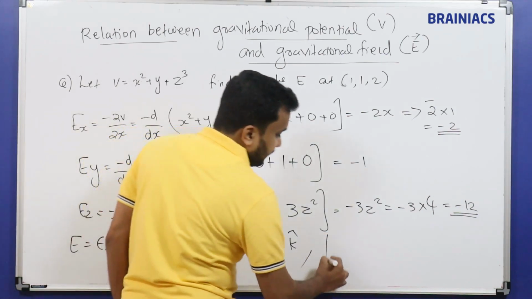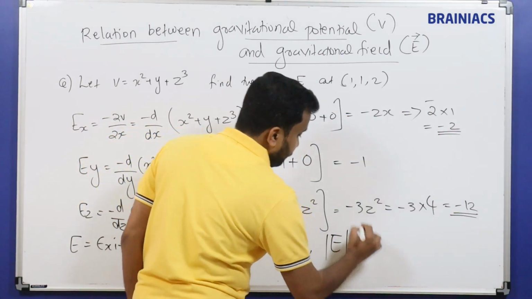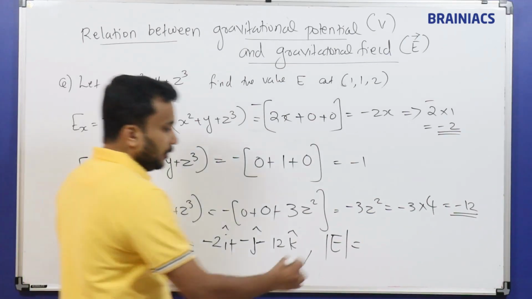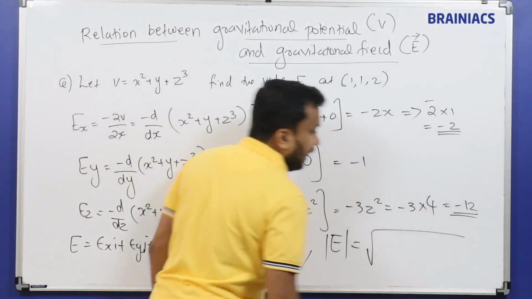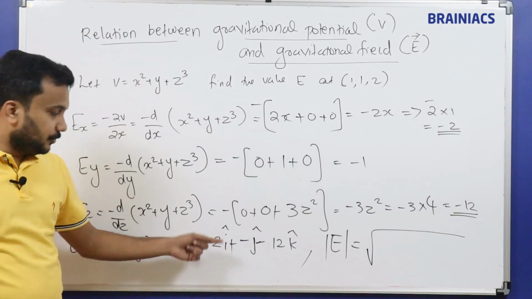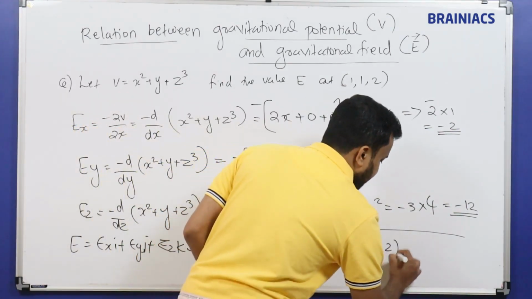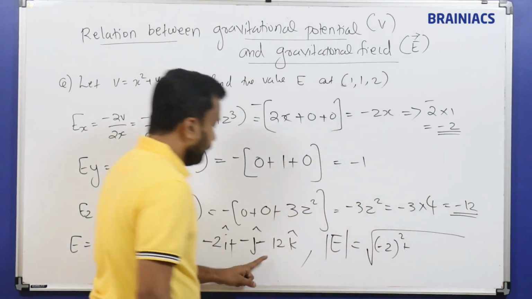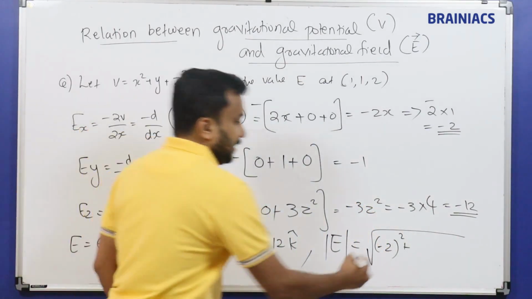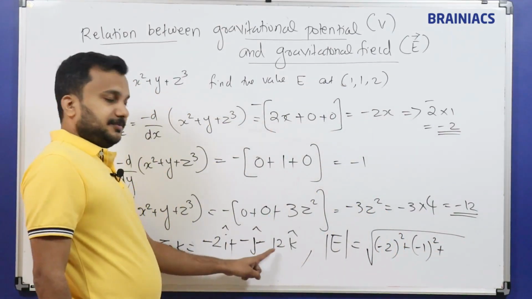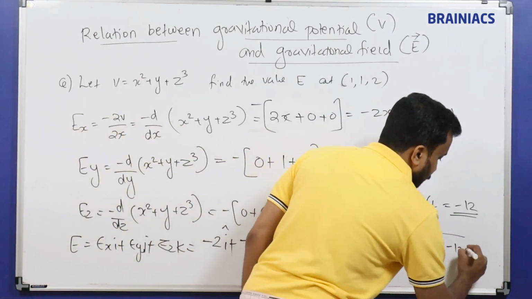Okay, if the question is asking for the modulus of E, the magnitude of E, this is vector E. Modulus means magnitude. So there are 3 terms in the square: minus 2 squared, plus the coefficient of j, minus 1 squared, plus the coefficient of k, minus 12 squared.